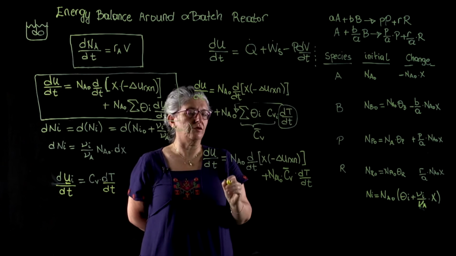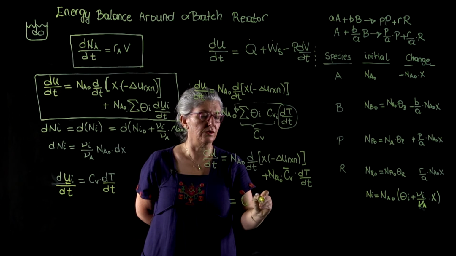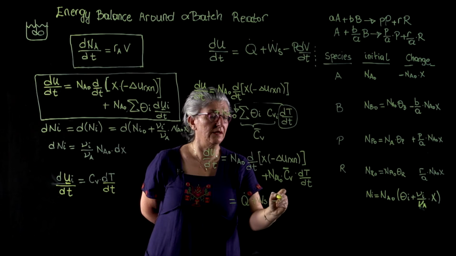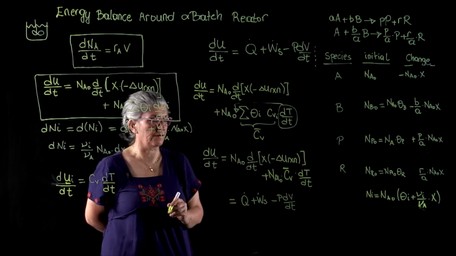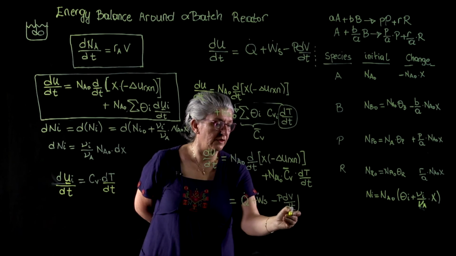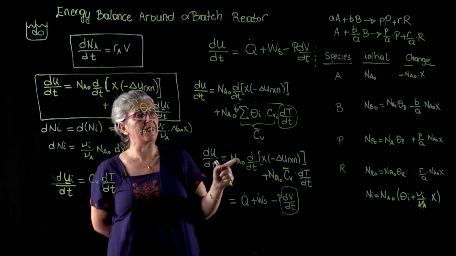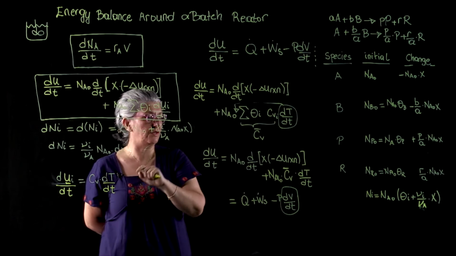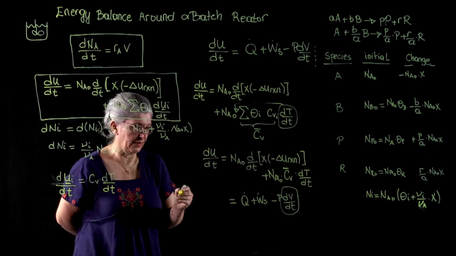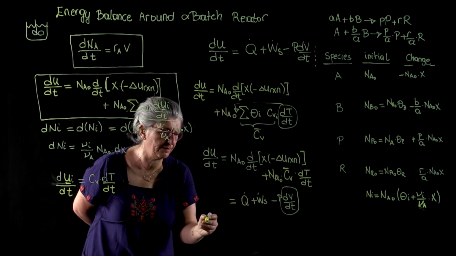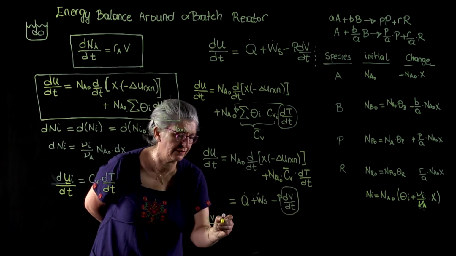The right-hand side of the equation is equal to Q plus shaft work minus P dV over dt. This term, dV over dt term, can also go through the same kind of algebra as this term, du over dt. To begin, I will write the first step, and I will expect you to complete the rest.